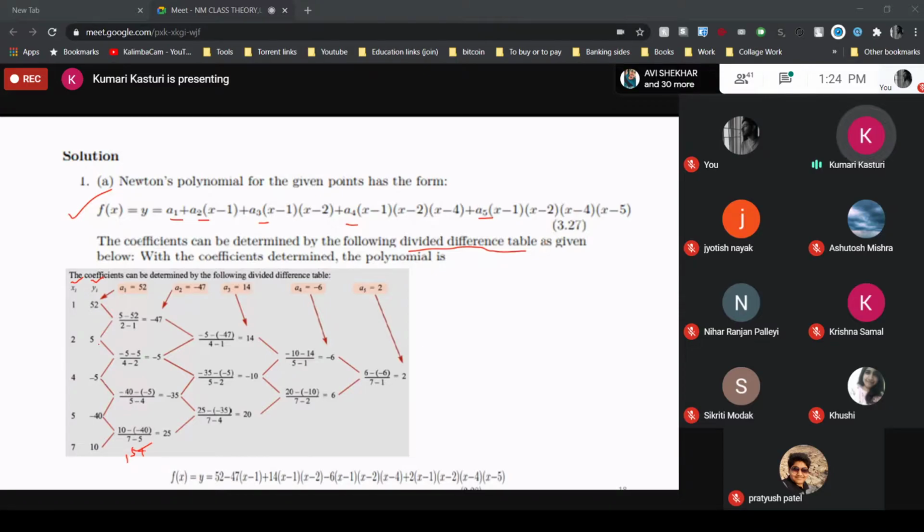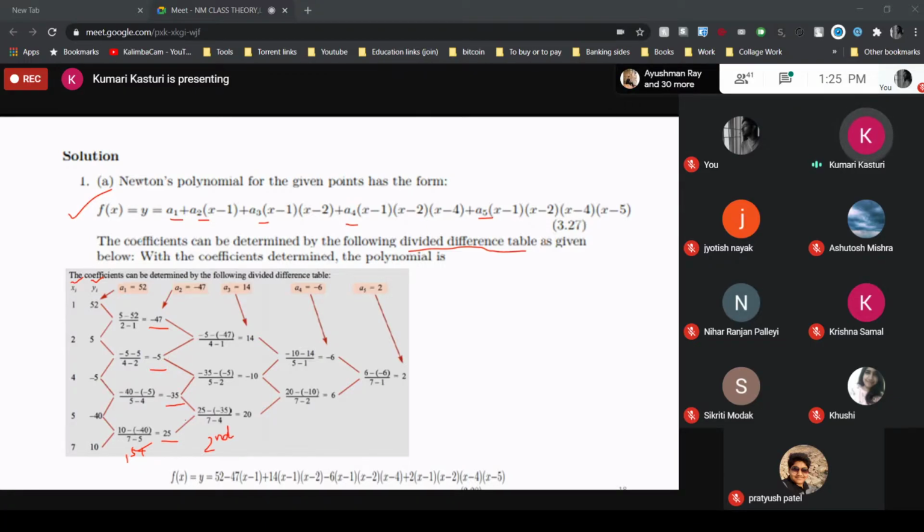How to calculate that one? This is nothing but (y2 minus y1) divided by (x2 minus x1), which is minus 47. Then (y3 minus y2) divided by (x3 minus x2), that is minus 5. Similarly, the rest will be calculated. After finding these values, come to the next column of the table, called your second divided difference.